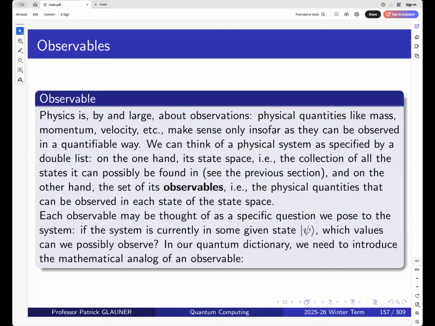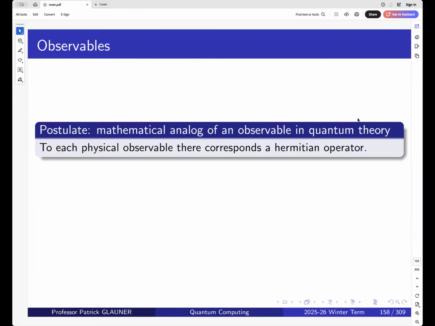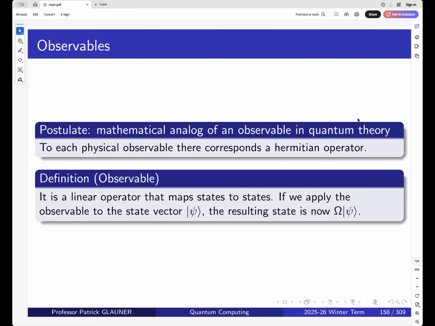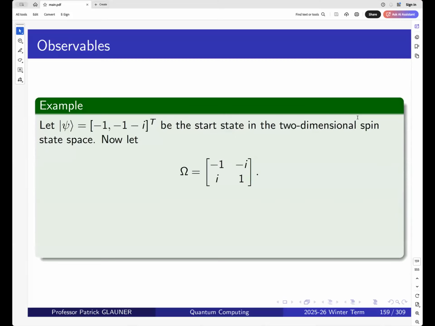And this can be described with so-called observables, and we will just quickly go through this because next week, when we look at quantum computing, we don't need this from that generic perspective.